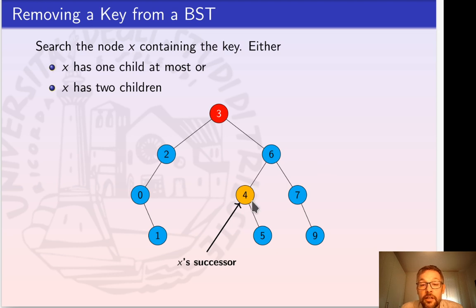So this is the successor of the node we want to remove from the tree, and so we can simply assign the key value of this node to the node we want to remove in this way.